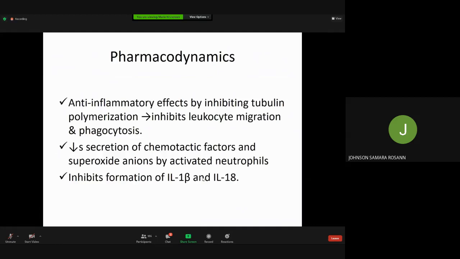Number two, it also reduces secretion of these chemokines that are basically the agents that attract neutrophils and other inflammatory cells into the joint. Then it inhibits formation of other chemotactic factors such as interleukin-1 and interleukin-18. So it is acting both on the inflammatory cells and also on the cytokines that are calling the inflammatory cells into the joint.